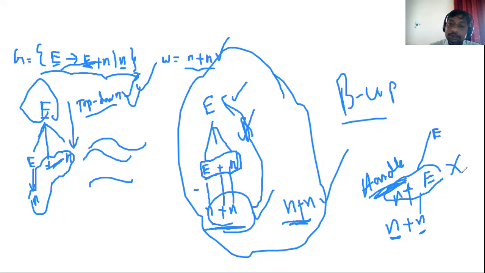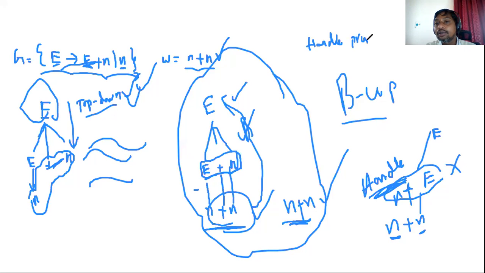So the process of identifying the right handles and reducing them to their corresponding left hand side non-terminals, ultimately leads to the next step, until we reduce it to the start symbol of the grammar. The process of identifying the handles in such a way that they lead to the start symbol of the grammar is said to be handle pruning.